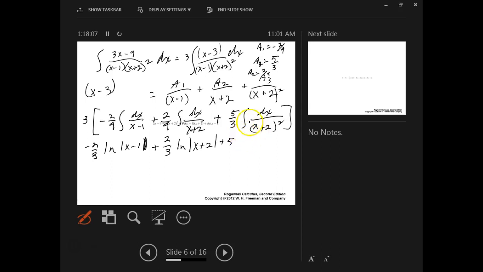Okay. Now, what is the integral of that? No longer a log. Substitution. Sounds good. What would you substitute? U equal x plus 2.